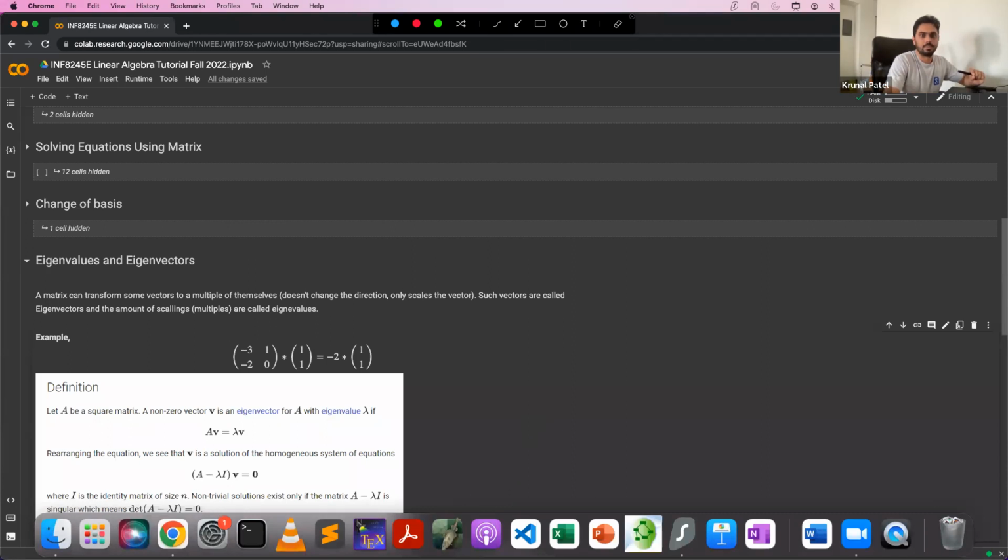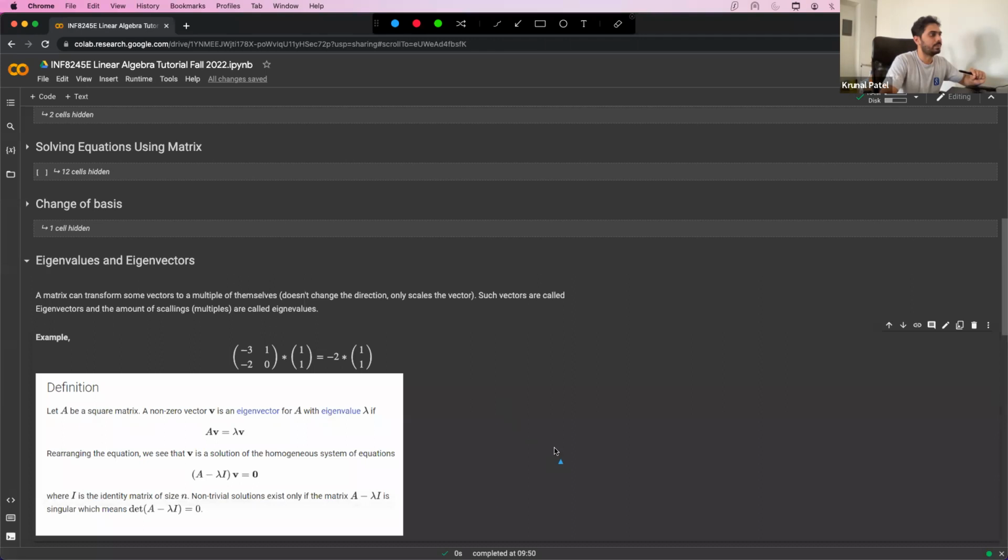I have my x-axis, I have my y-axis, right? So this is i hat and j hat. I hat is transformed to -3, -2.